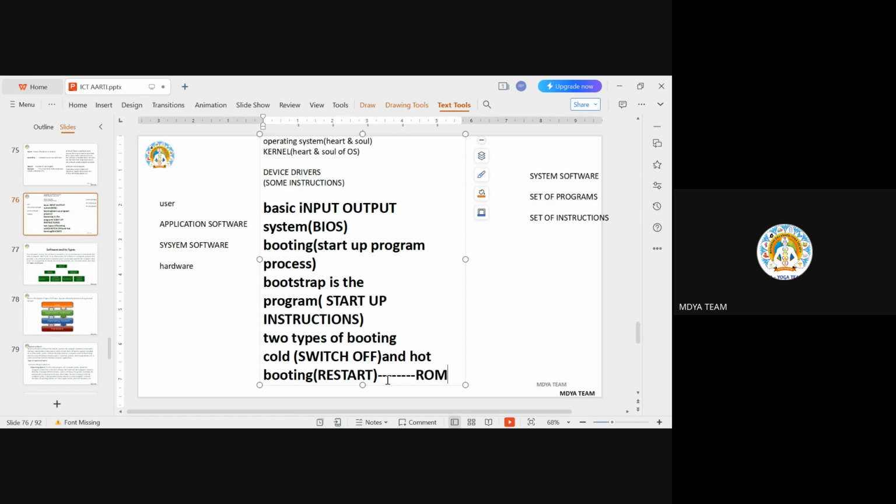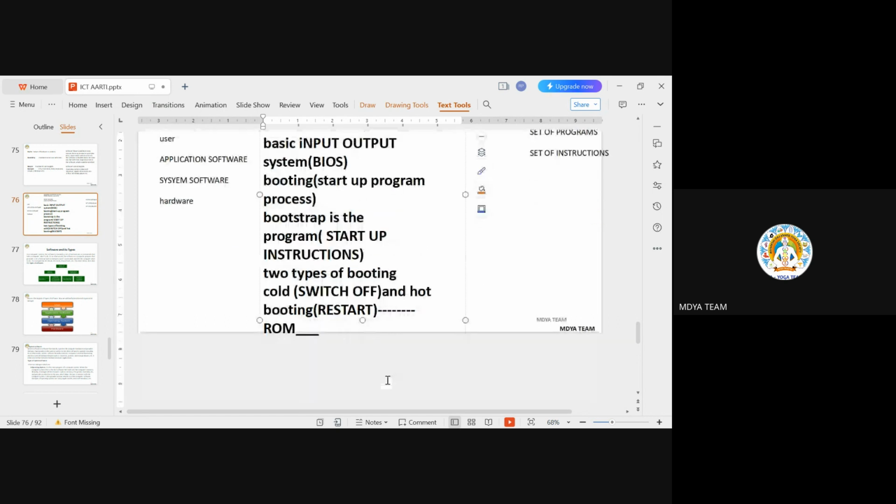In read only memory, there is firmware. This BIOS is stored in the ROM.